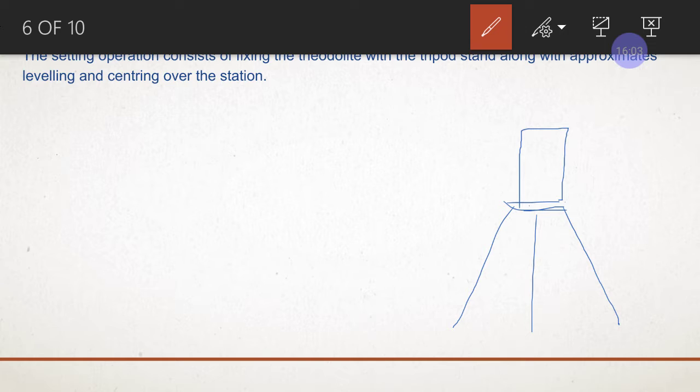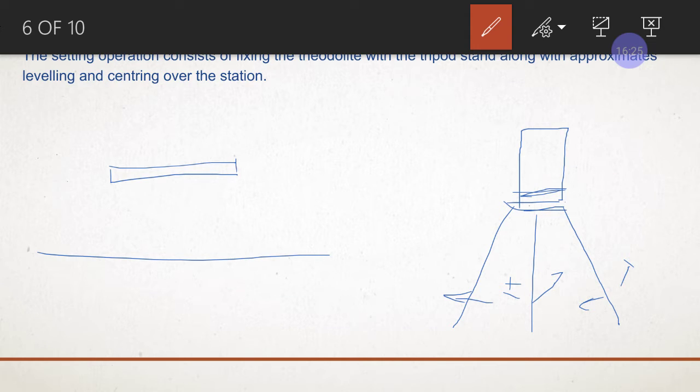You have to turn these legs either to the right or left, all the three, such that the level head, where there will be plates, right, these plates are parallel to the ground, means they are level to the ground, right?